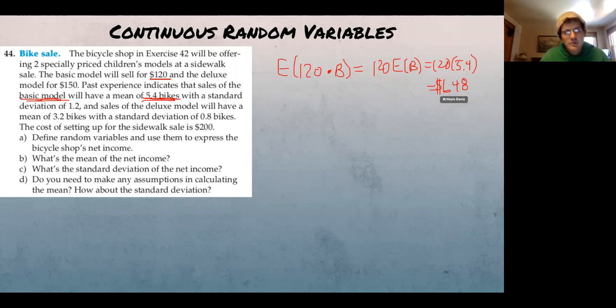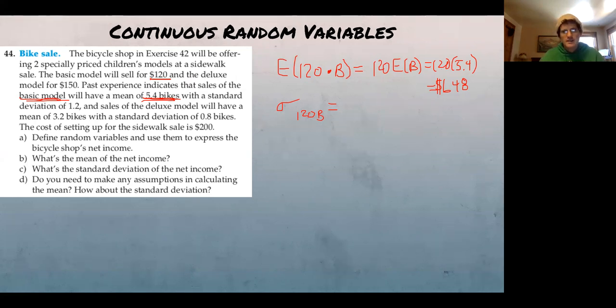Now, this is not multiple events. This is rescaling by changing from one unit to another. So when I look at the standard deviation of 120 times random variable B, all I have to do is multiply this out. Hopefully you can see the difference. In the previous examples, we had multiple seed packets, so we had to combine the variances, or we had multiple donations. Those were multiple events.